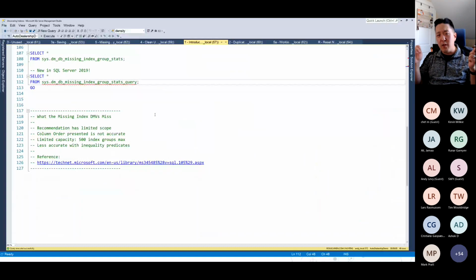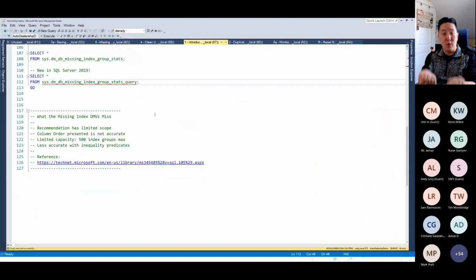Anyway, one thing I want to touch upon here as well is what else do the missing index DMVs miss? There are a number of different fully documented shortcomings about the missing index DMVs. The recommendations are limited in their scope, but the second one is one of the reasons why I don't care for them: the column order of the missing index recommendations is in an arbitrary order.